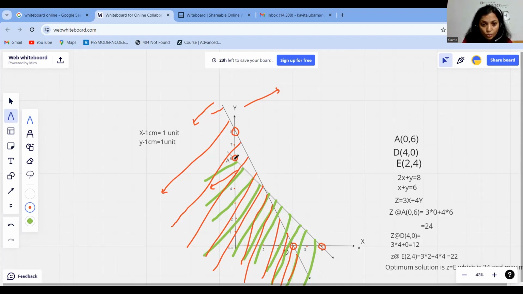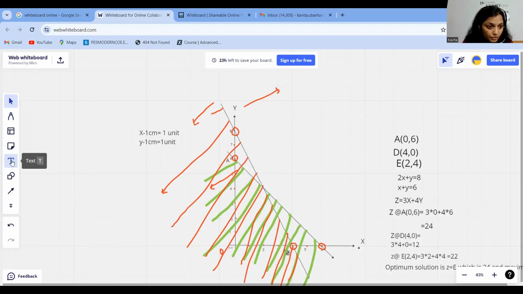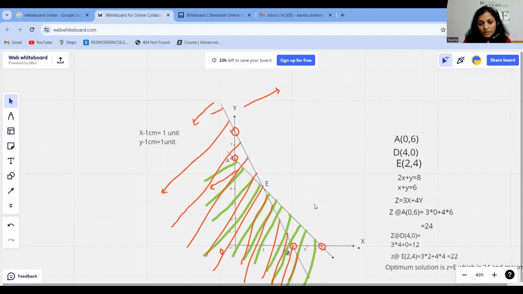So the portion A, this is the origin, we can say this is O. Then this is point D. And this one is a point that is the intersection of two lines, we denote it as E. And A. So this is a polygon A, O, D, and E. This is the region where both the color lines are there.